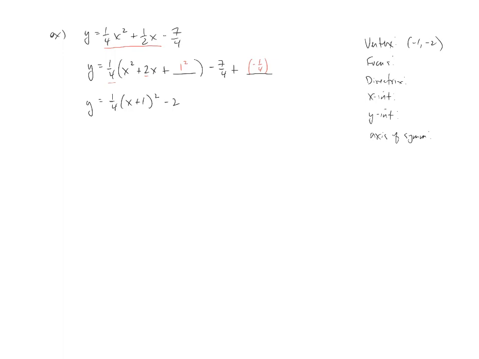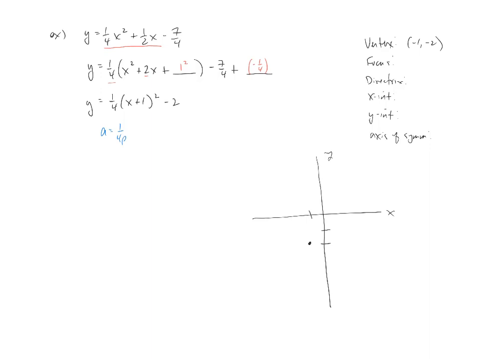Okay? Some other information we could get out of this. Well, let me put a rough graph up here so far. So (-1, -2), and it opens up. The focus and the directrix are going to be dependent upon the p value, and we know that a equals 1/(4p).